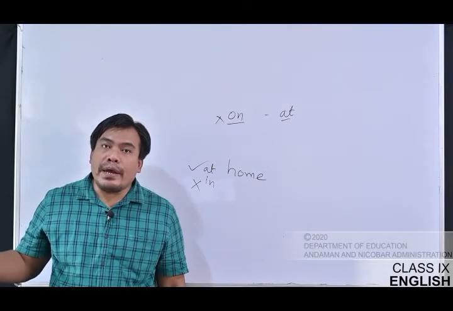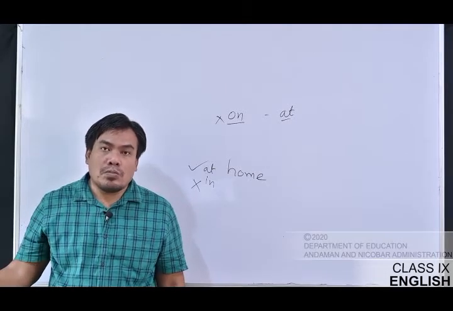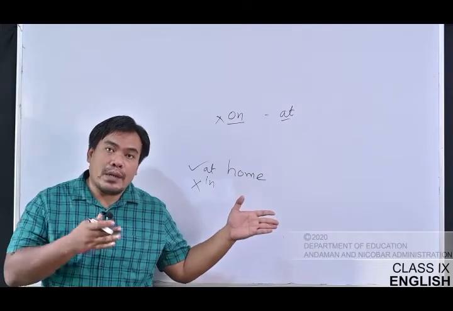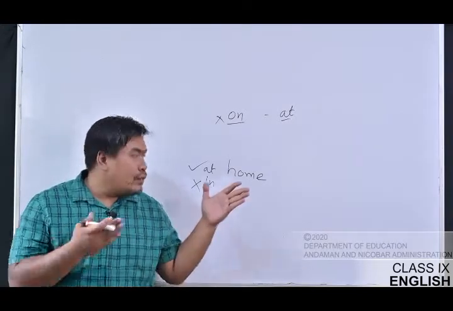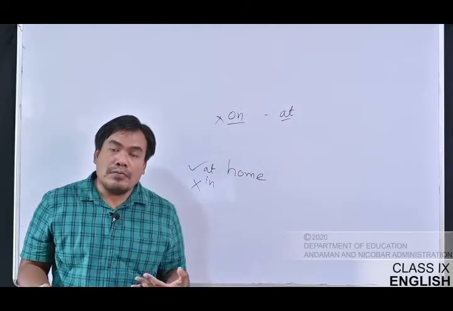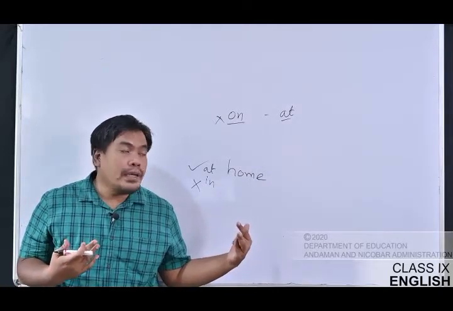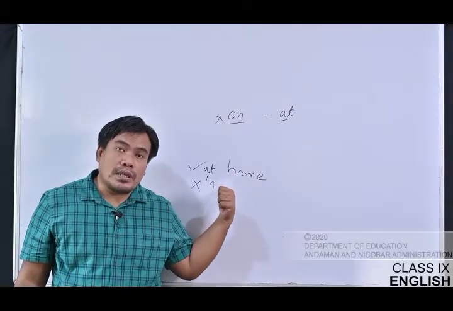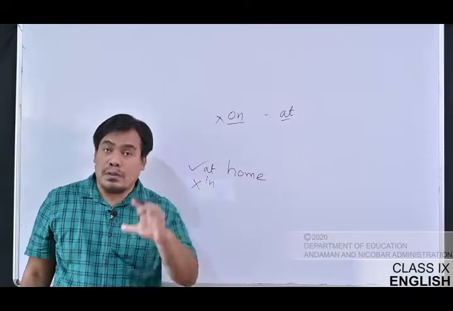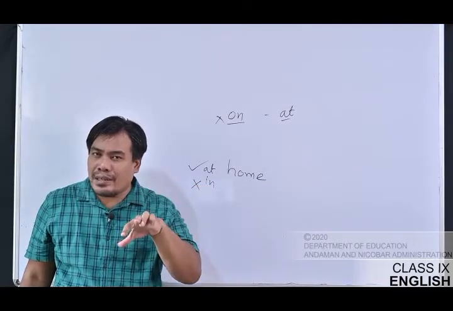I have left my mobile phone at home. And I'm going to my house, that is another thing. If you say I'm at home, she's at home, he's at home, we are at home. Saying in home would be an incorrect preposition. Remember, that is the technique.